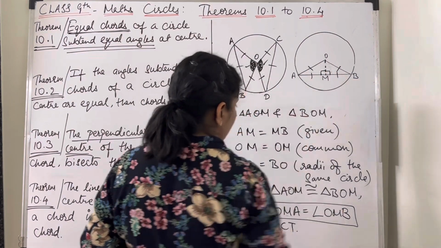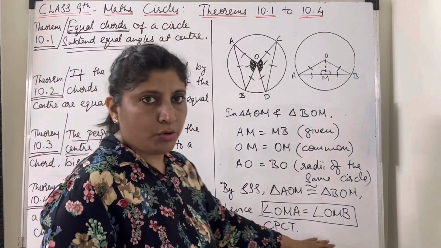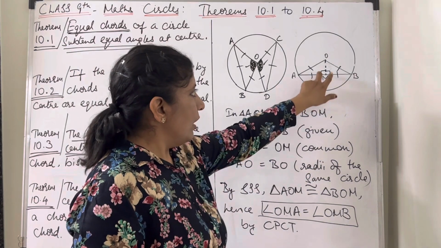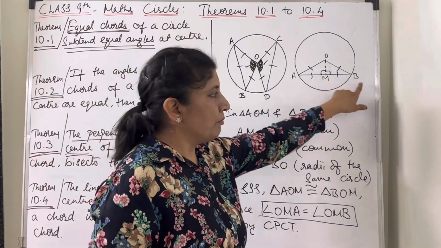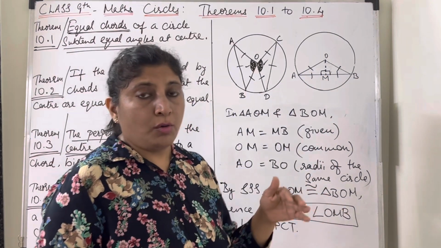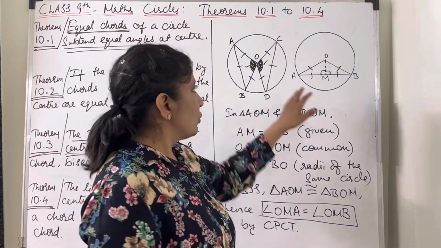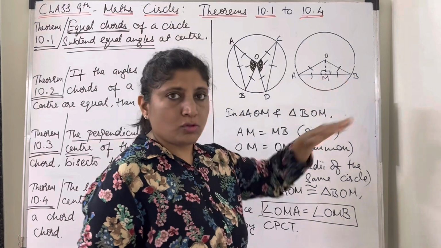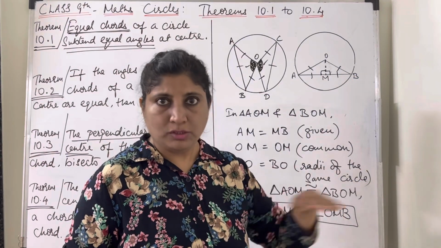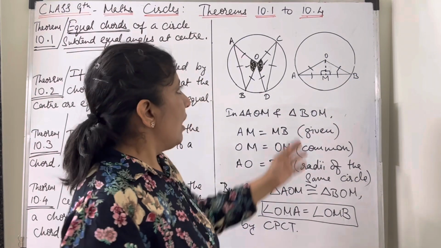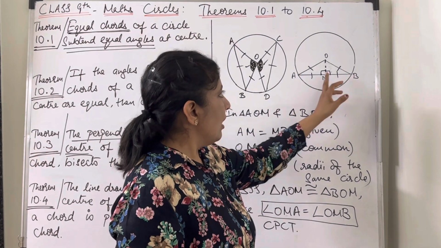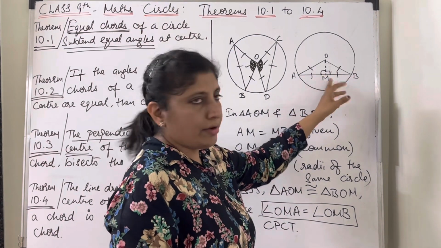Now one thing is left here. They are the same is okay, but we have to prove that AMB is a straight line. Because it is already given AB is a chord, AB is a straight line, so AMB is also a straight line. And if it is a straight line, then the total is 180.